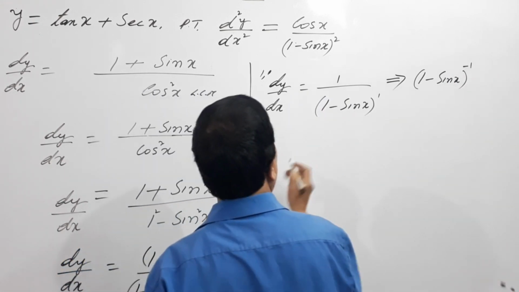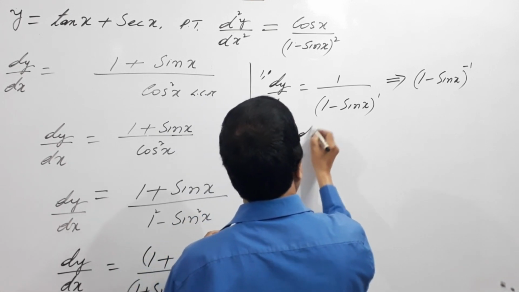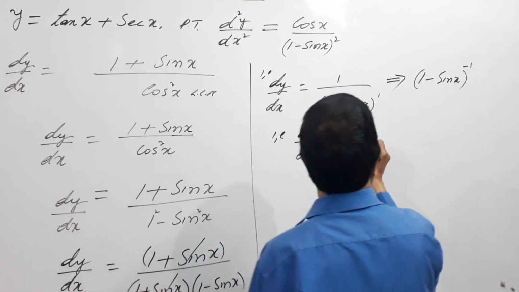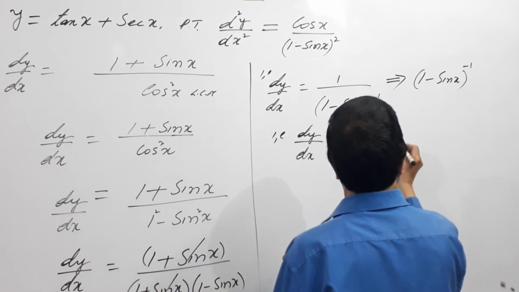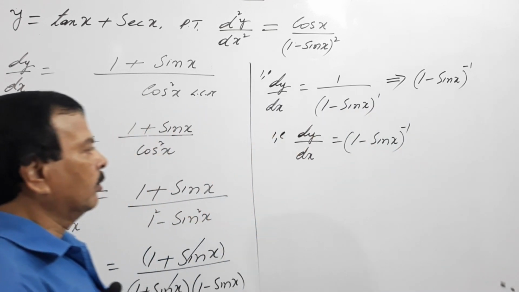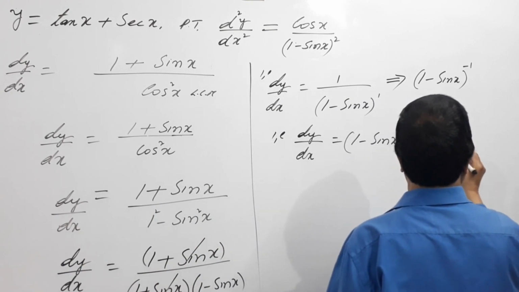Can I write like this? Yes. That is dy by dx equals 1 minus sin x to the power of minus 1. I call this equation 1.